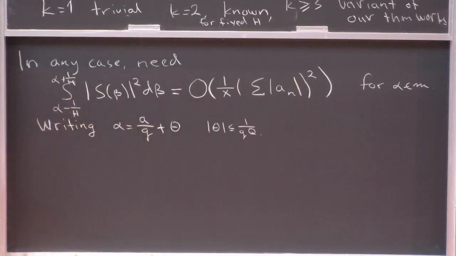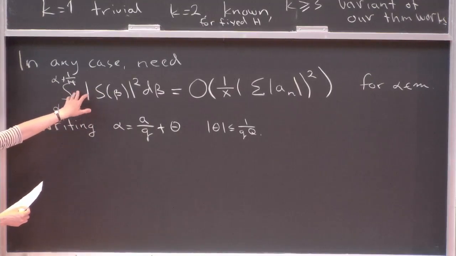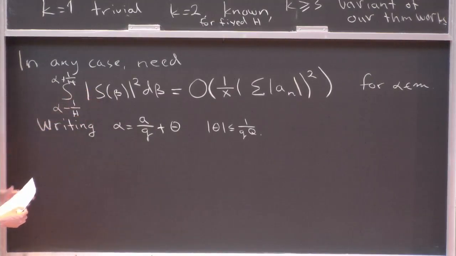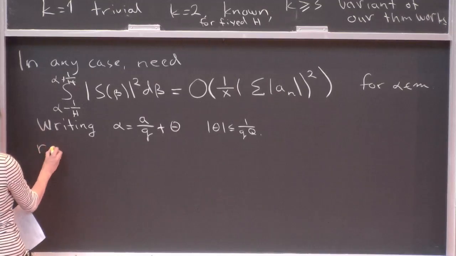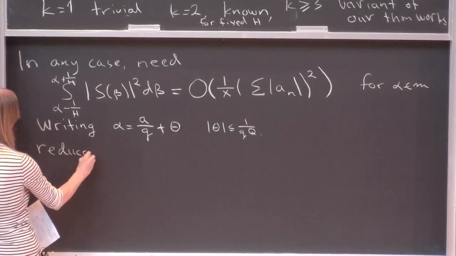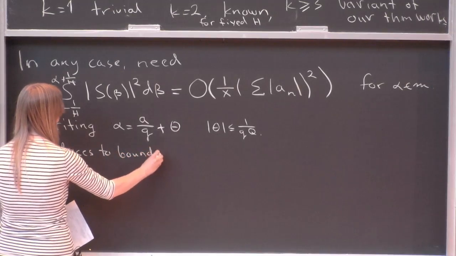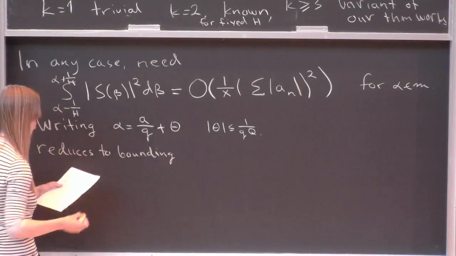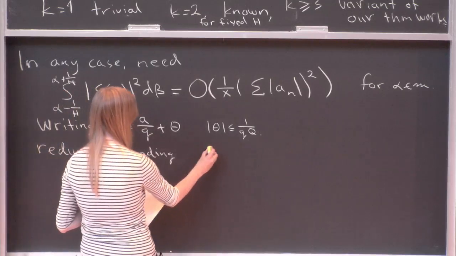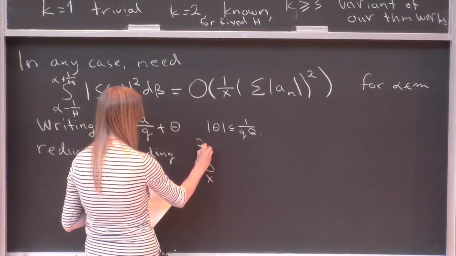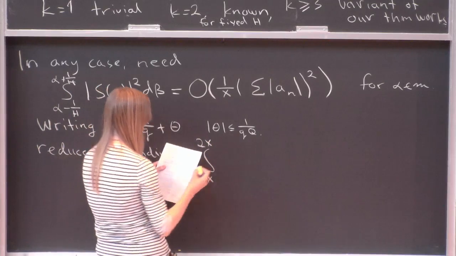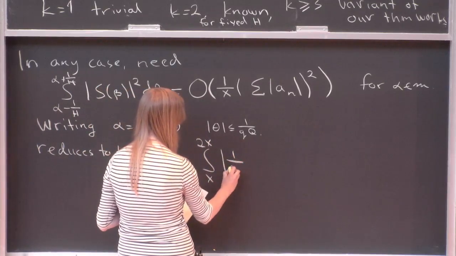And then we can use this Gallagher type lemma to reduce this to bounding. So I will write this down first and then say what it's saying.